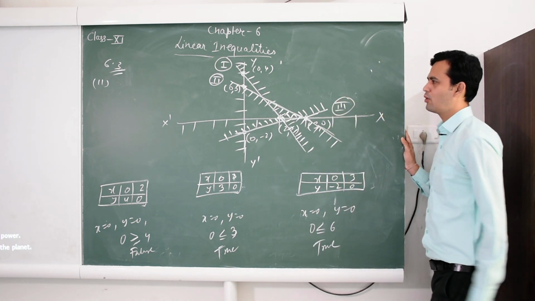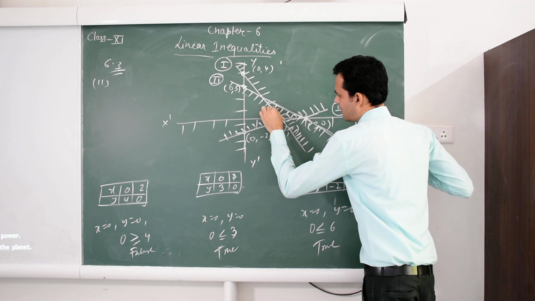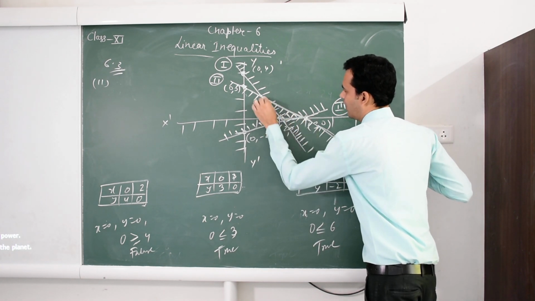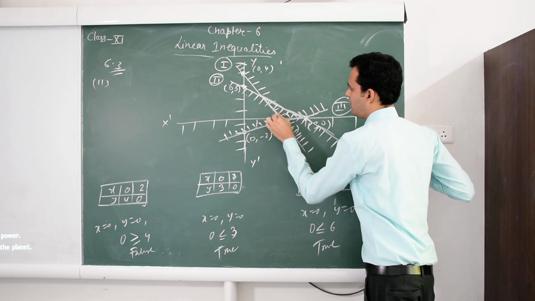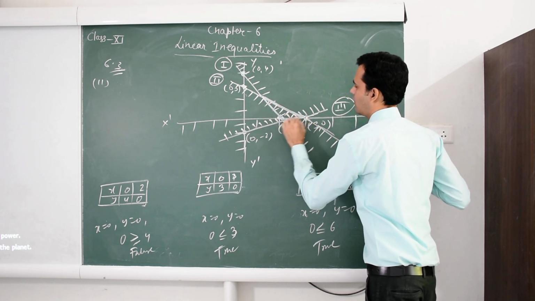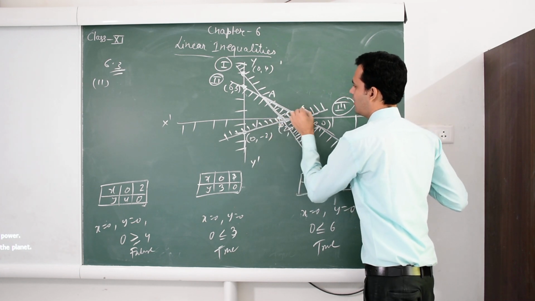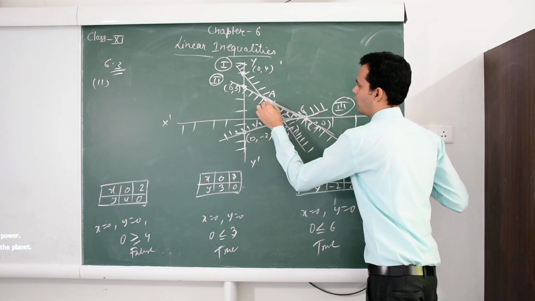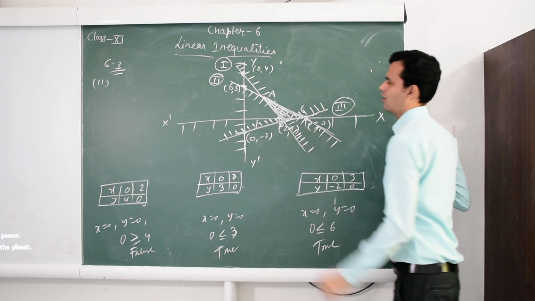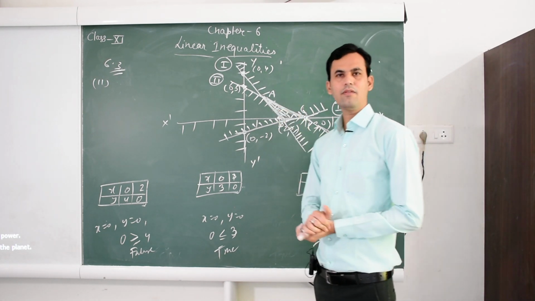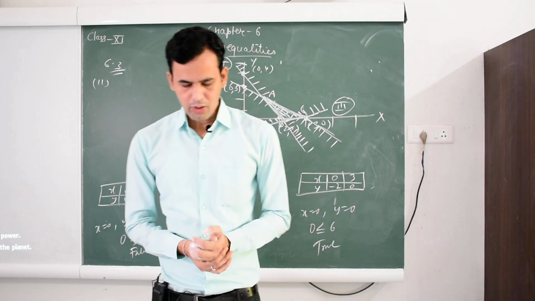Now the common portion for the first, second and third, this portion is common. If we take these points as A, B and C, then this is the common portion for all these 3 inequalities.